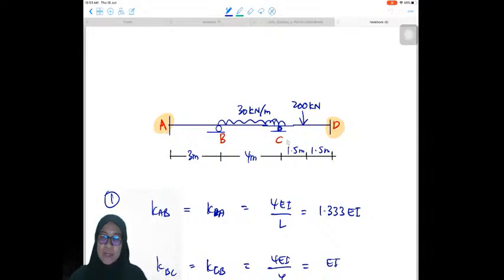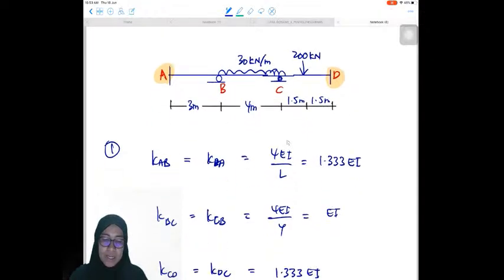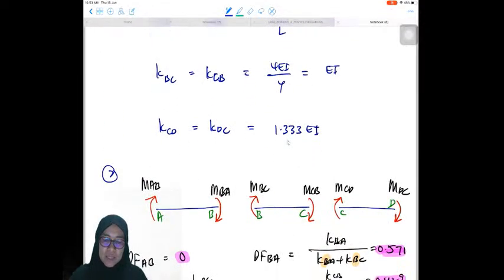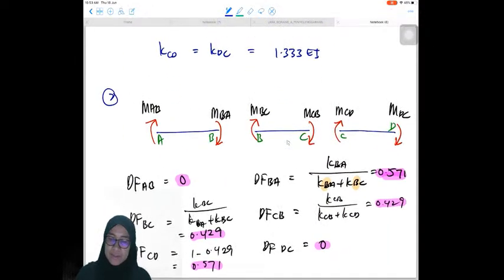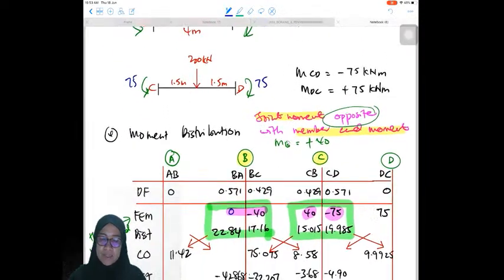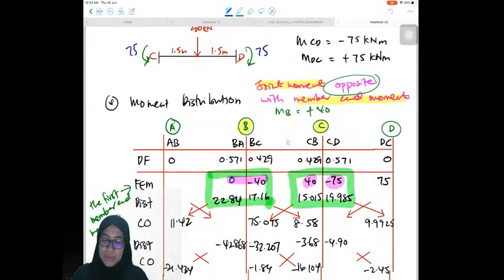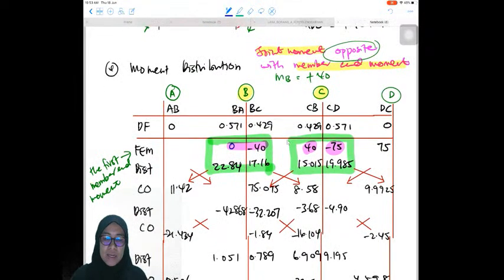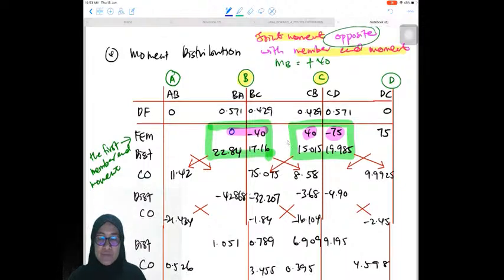I explained how we calculate the stiffness factor, the distribution factor, and then the fixed end moment, followed by the moment distribution. The detailed process on how to distribute the moment was discussed in my second part of this video.